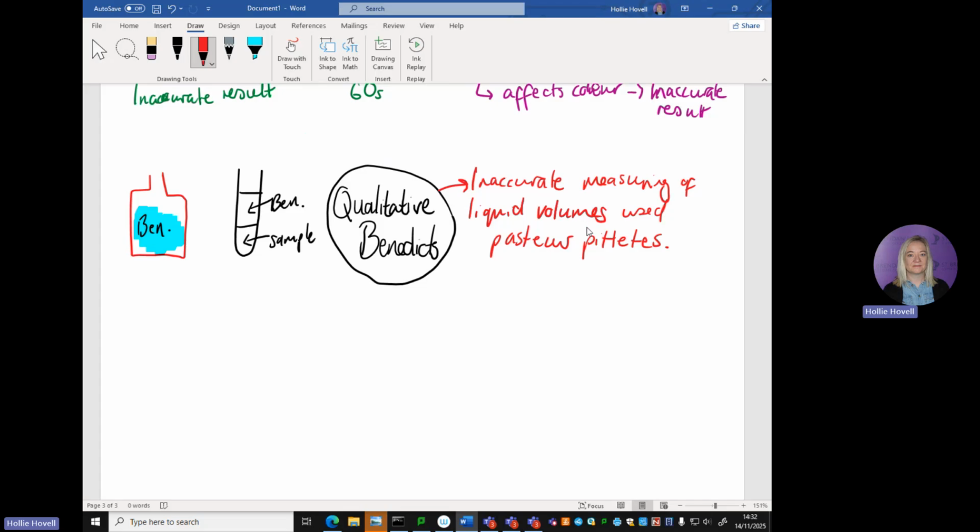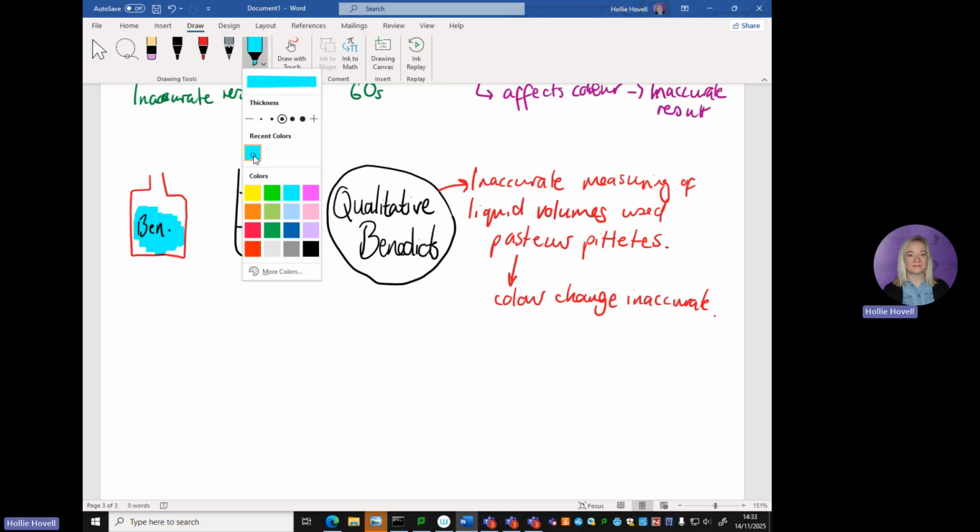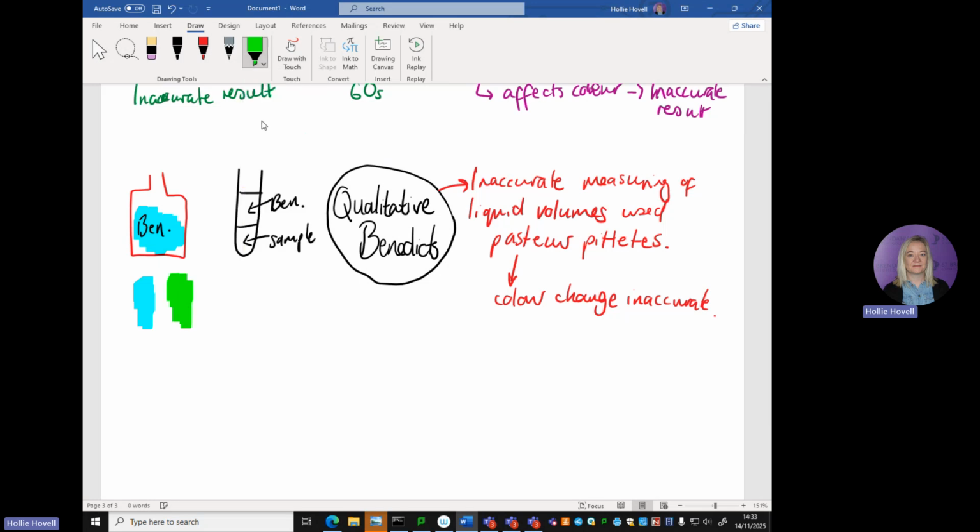So if you've got inaccurate measuring of these liquids that you're putting in here, it could mean that the colour change was inaccurate. Now, when we do qualitative Benedict's, we get this scale of colour. So the first colour is blue, and then we've got green, and then we've got yellow, then we've got orange, and then we've got red.